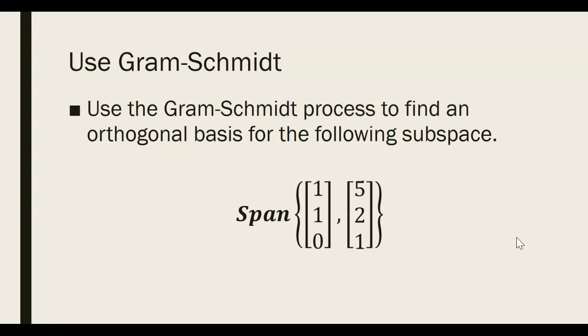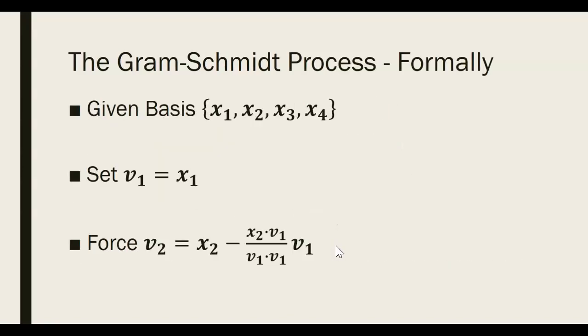We've used the Gram-Schmidt process to find those. And notice that the first 2 steps of the Gram-Schmidt process don't change given my basis size. You always set v1 equals x1. You always set v2 to be x2 minus the projection of x2 onto v1. So the first 2 steps don't change.